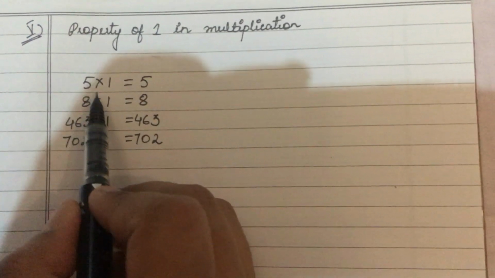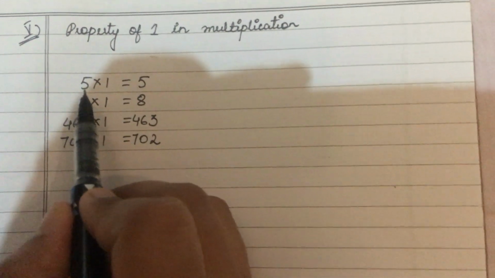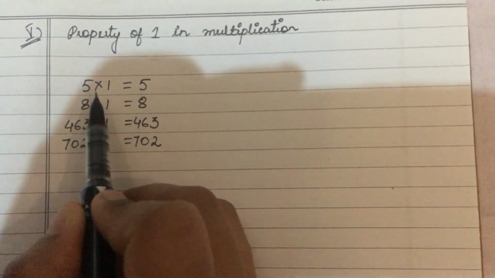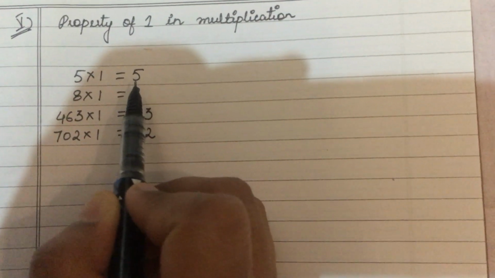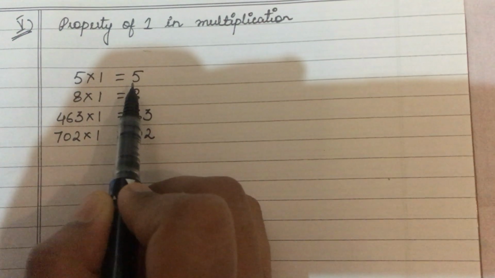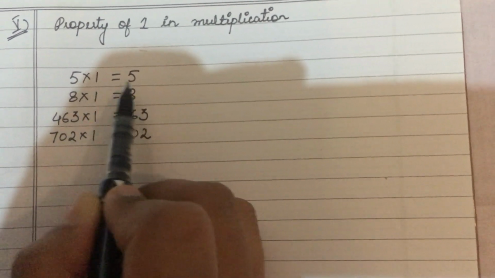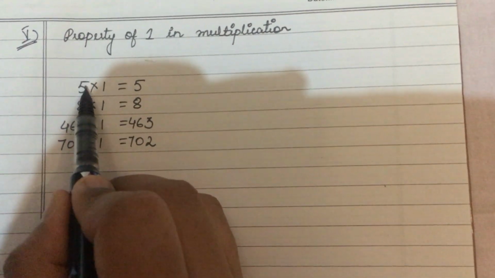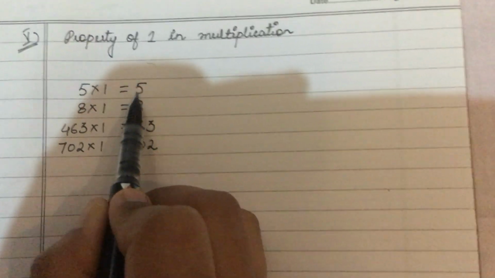But in this property, if any number is multiplied by 1, the product remains the same. It is equal to that number. Very simply, whenever any number is multiplied by 1, the product is equal to that number. So 5 multiplied by 1 is equal to 5.